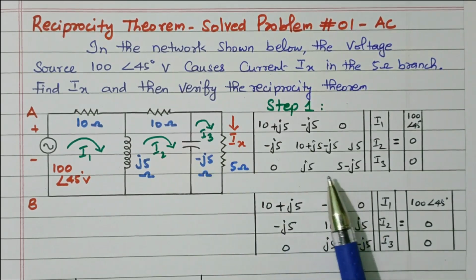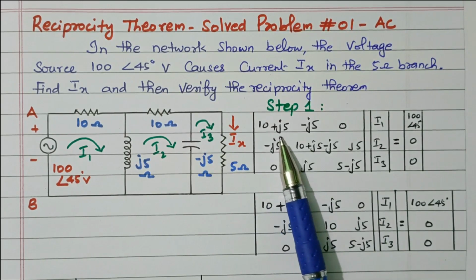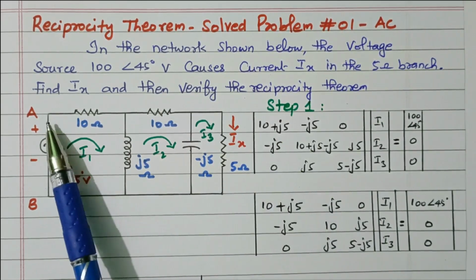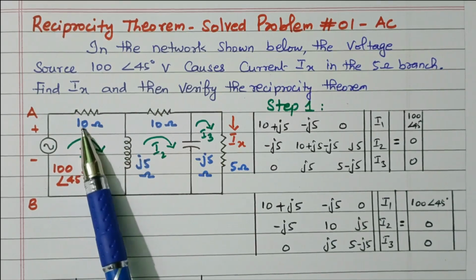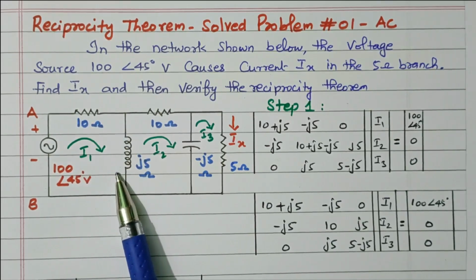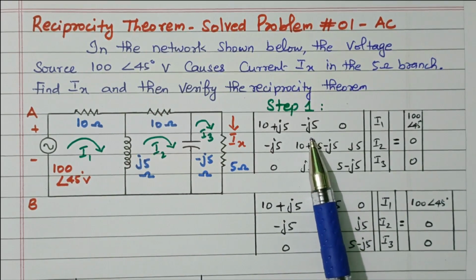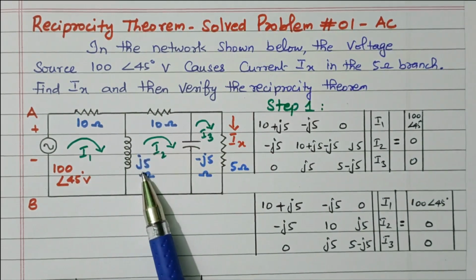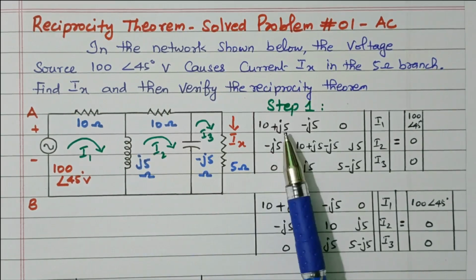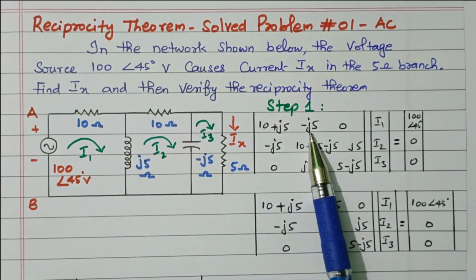First we will frame the impedance matrix. R11 means the impedance available in loop 1, that is 10 plus j5. Then R12, the impedance between loop 1 and 2, that is j5, so minus j5.